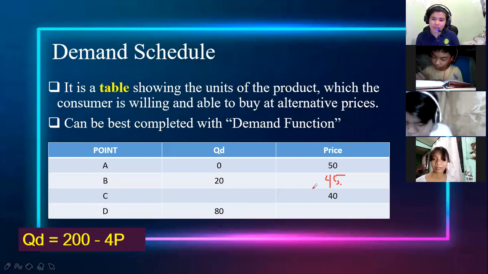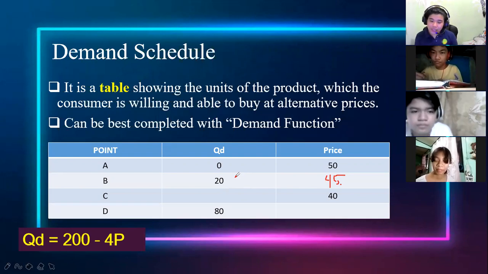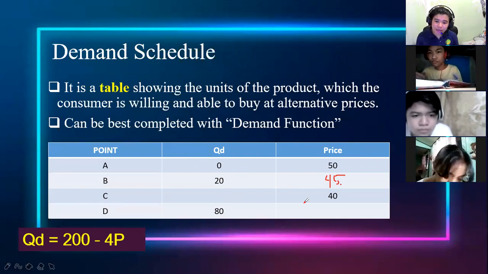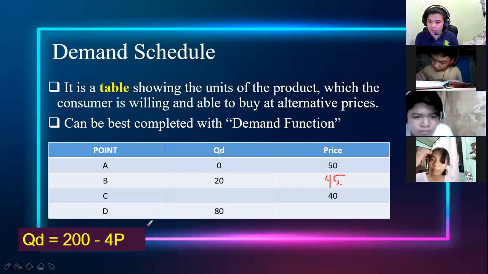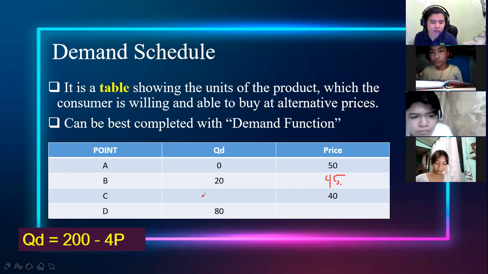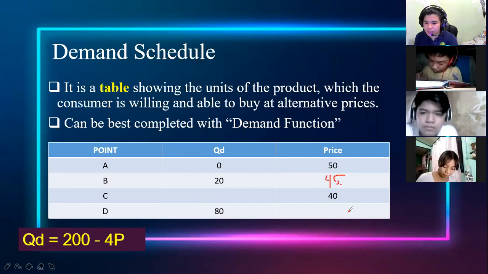So what if naman, the missing is the quantity demanded, tapos ang given is yung price. In here, we're still gonna be using the hypothetical demand function. So QD, wala tayong QD, so you keep it that way. QD equals 200 minus 4, and then let us replace P with 40.